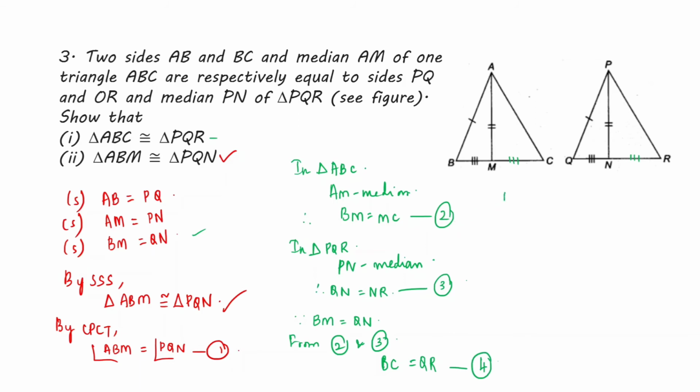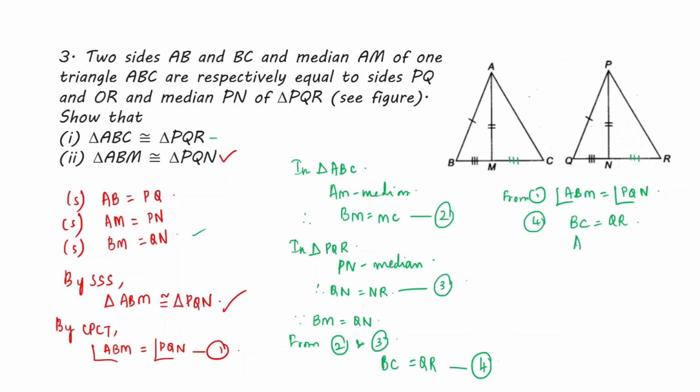Now, we know that from equation 1, angle ABM is equal to angle PQN. From 4, we know that side BC is equal to side QR.